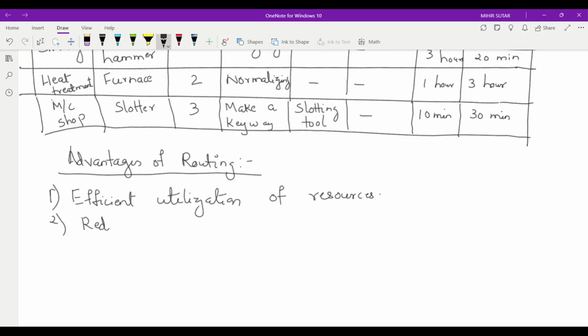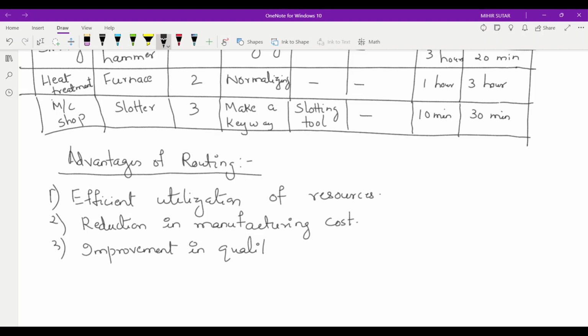And the third one is improvement in quality and quantity of the products. Okay, so these are the advantages of routing.